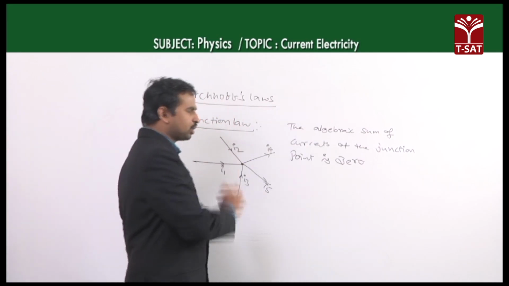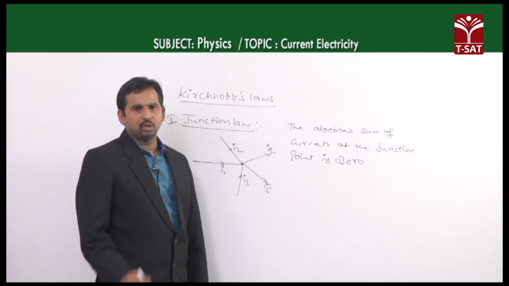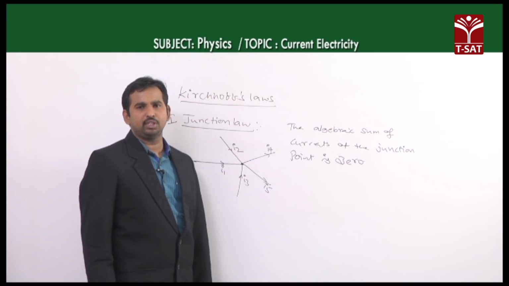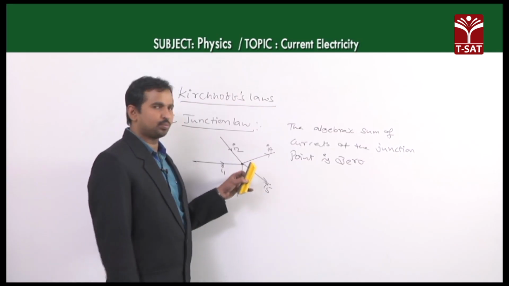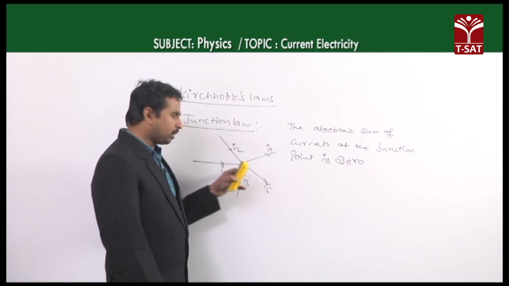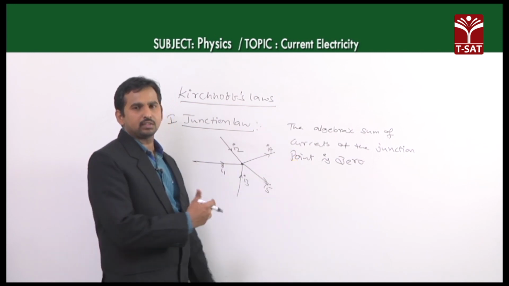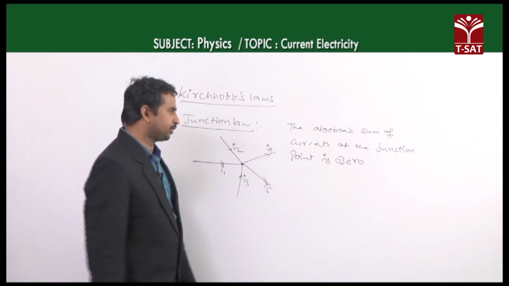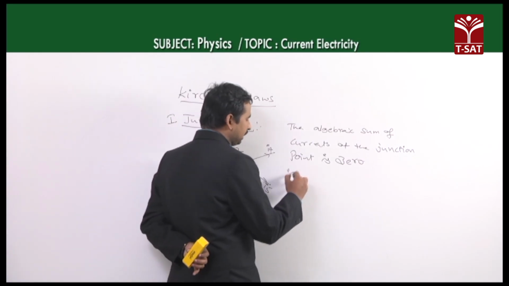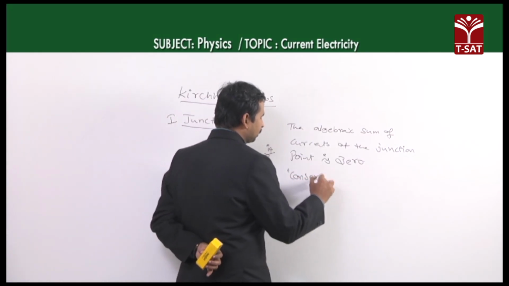At the junction point, no currents are accumulating, means no charges are present at this point P. Whatever the incoming currents we have, those currents are leaving here.